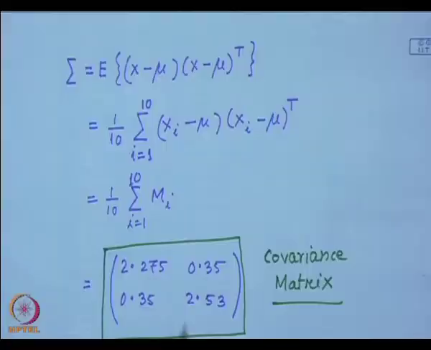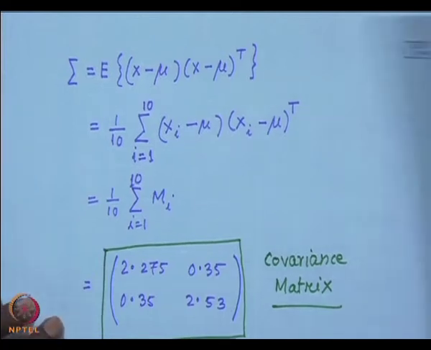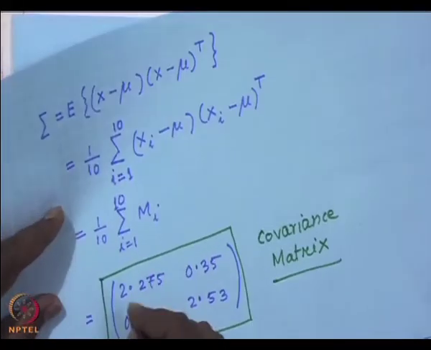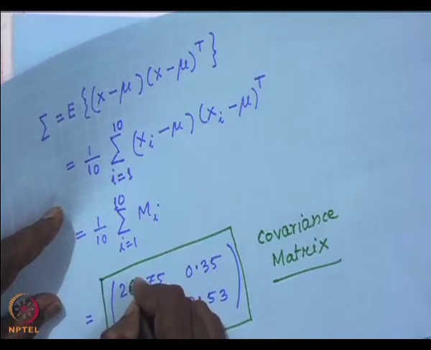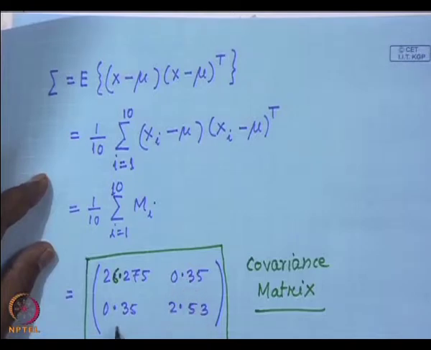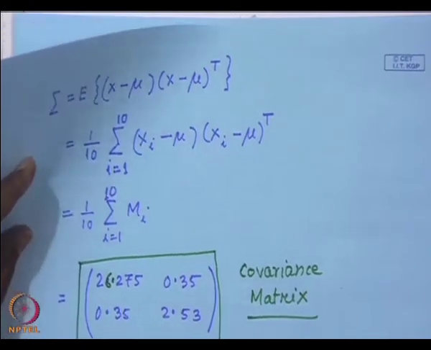So, you all know that if lambda is an eigenvalue of this matrix, then I can find the eigenvalue lambda by using this equation. This is 26.275, not 2.275, this is 26.275, then 0.35, 0.35, then 2.53.